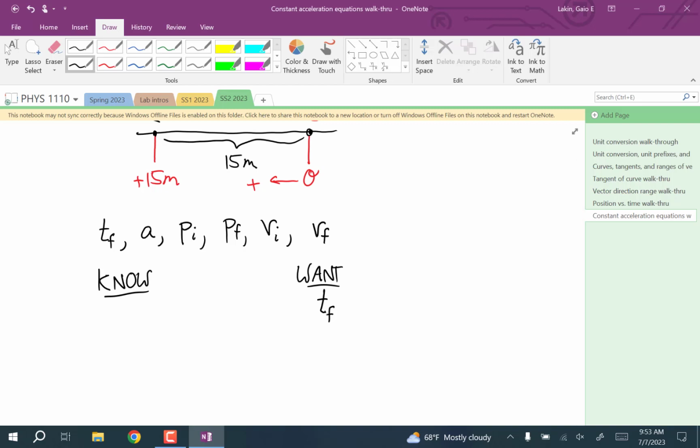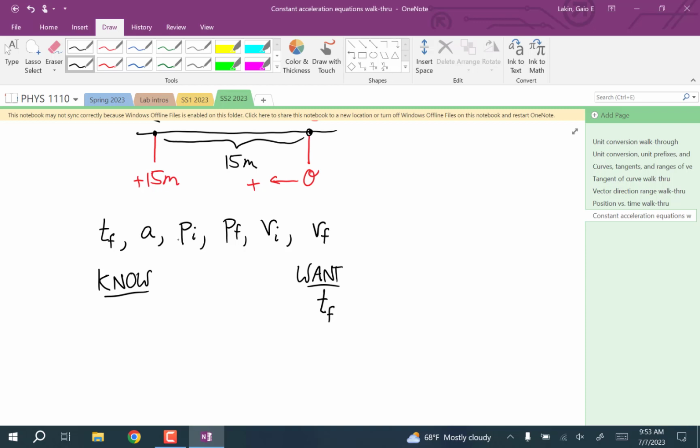Next, do we know the acceleration A? Pause the video and think about whether we know that. No, we don't know that. What about P initial? So remember, P initial is the object's position when time is equal to 0.